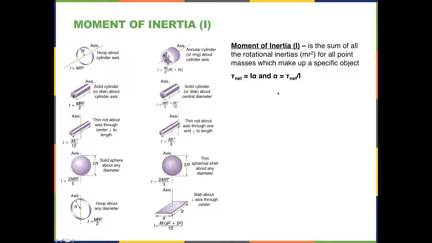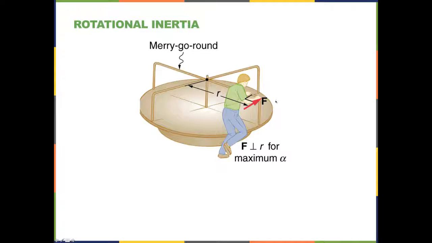So here's a common situation that you see in a playground. This is a merry-go-round with a radius of r. A fella is applying a force here, causing this merry-go-round to go around, and his force application is perpendicular, and it results in an alpha.